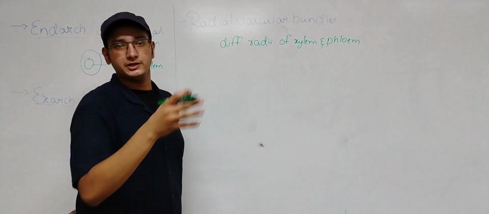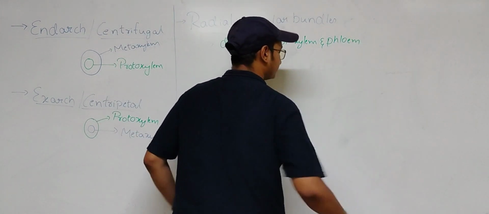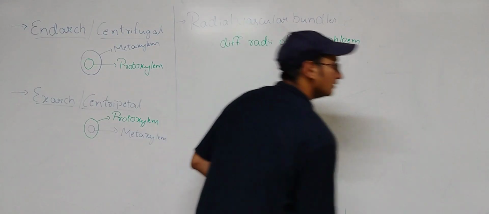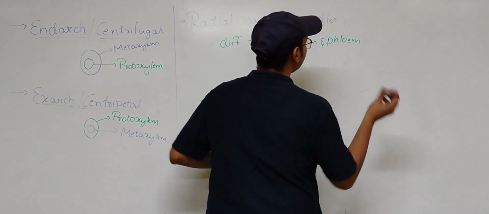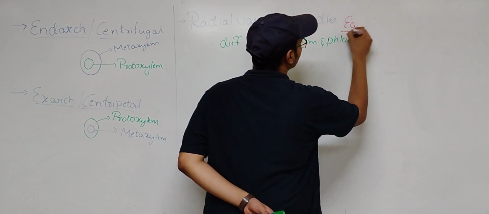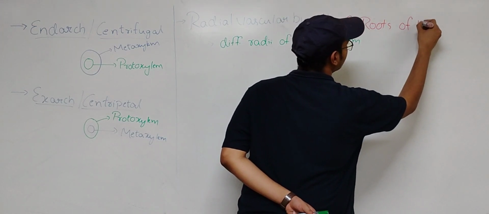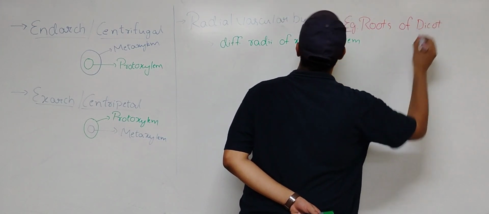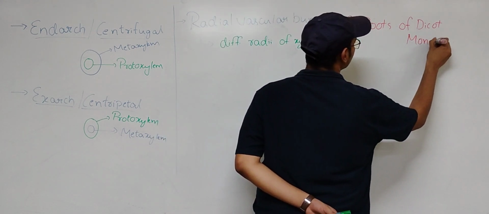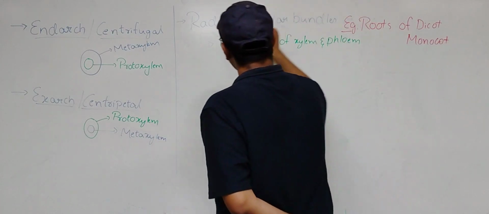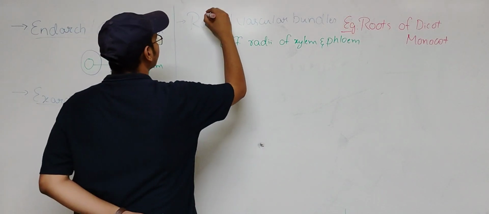They are present in an alternative way. So we will see this kind of thing in roots of dicot and more. If they have the radial vascular bundle condition, they will have the Exarch condition.